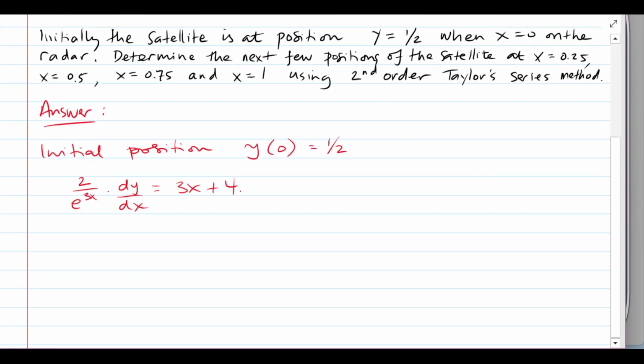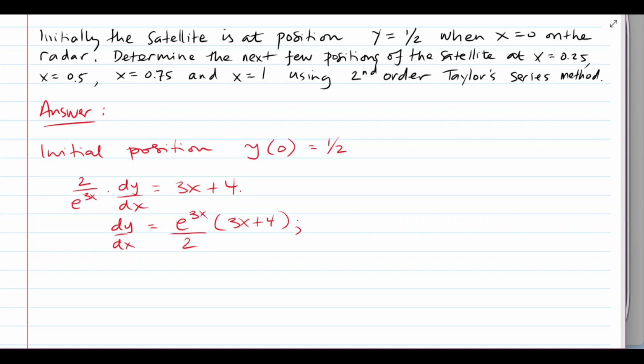Therefore our dy/dx equals e to the power of 3x times (3x plus 4) over 2, or half.